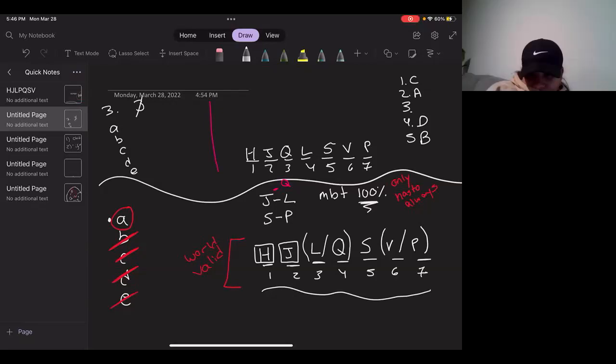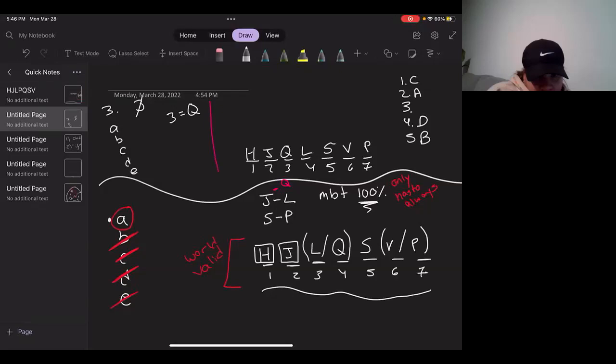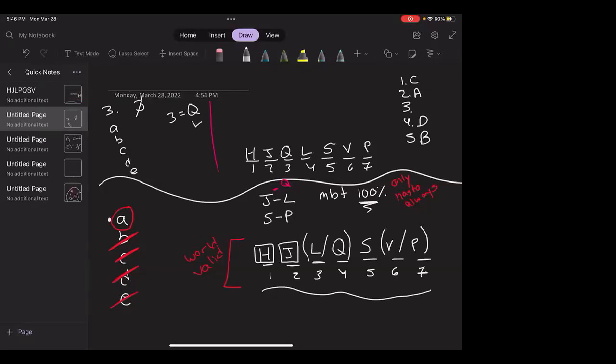So 3 equals, let's go to our first one. From our first question, we know that Q can be third. So Q is a possibility to be third. Looking at our second world, we had L or Q could be third. So L could be third. So I'm going to write that in my list. Let's go to our next world.